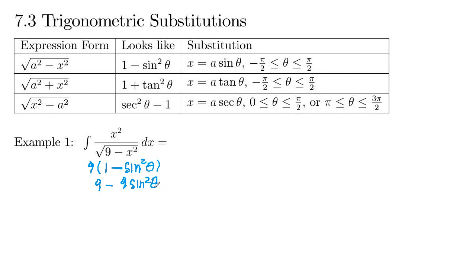The 9 matches up, so our x squared has to be 9 sine squared. So that's our substitution: x squared is 9 sine squared theta. Taking square roots on both sides, x is 3 sine theta, and the differential dx is equal to 3 cosine theta d theta.